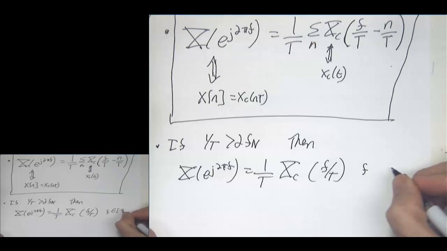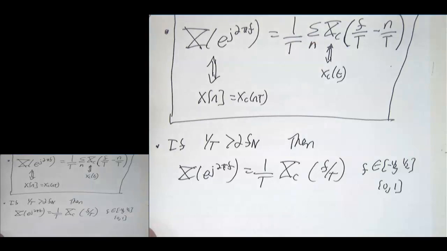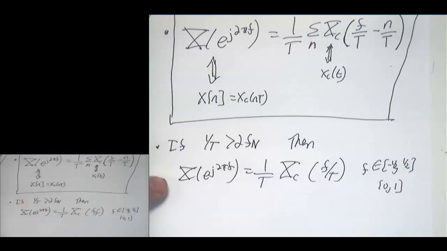Let's say minus 1/2 to 1/2, or 0 to 1, whatever you like. So what this means is that if Nyquist has been satisfied, your discrete time Fourier transform is just a scaled version of your continuous time transform. And that makes a lot of sense because we were saying that if we sampled correctly, this whole thing should be lossless. There's no information lost in the process. And so basically this is just a transformation from one to the other.